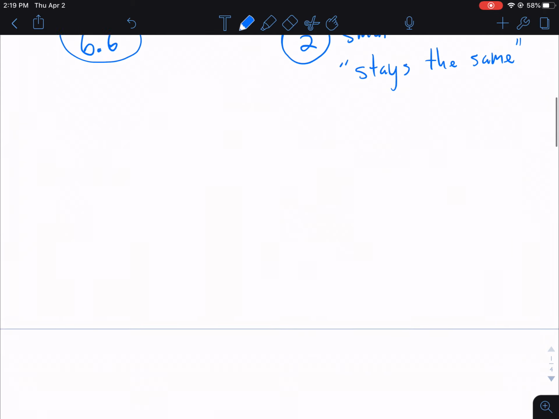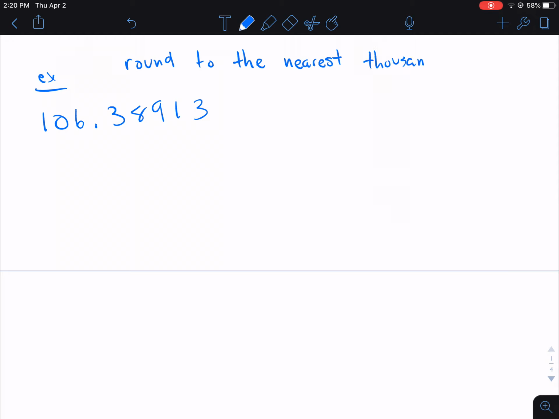Let's do another example. If I had 106.38913, round to the nearest thousandths place.